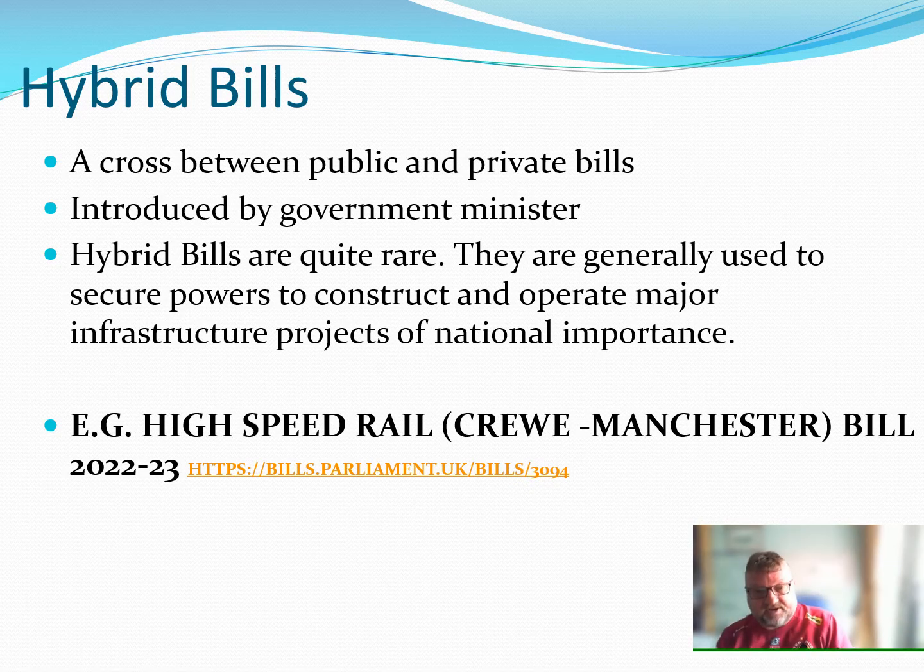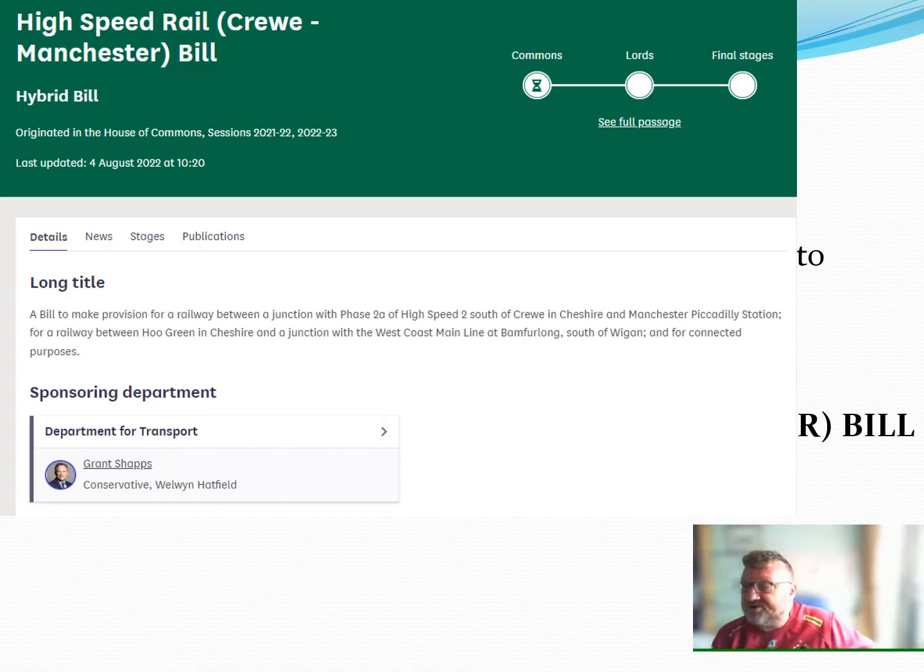Here's a little clip of it, and you can see it's been brought in by, prior to him resigning, Grant Shapps, the Transport Secretary, and basically it's a bill to make provision for a railway between a junction with phase 2A of HS2 south of Crewe in Cheshire and Manchester Piccadilly Station. So it'll be about things like compulsory purchasing land, going through various places, but it's a big infrastructure project, and that's what hybrid bills are for.